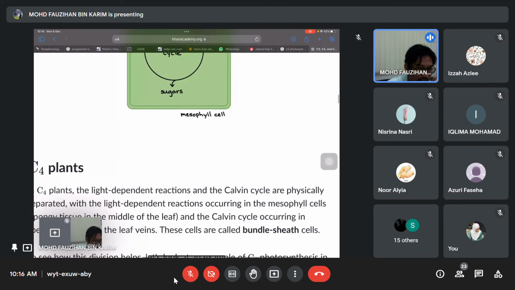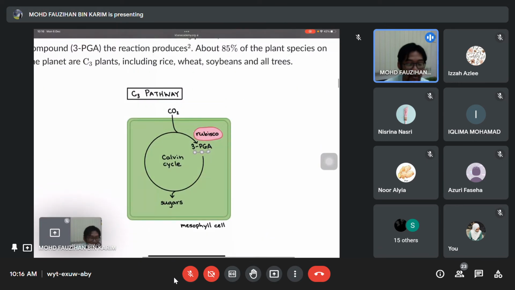For the C3, there is no bundle sheath in the section. All right. So in the C3, in the mesophyll cell, the chloroplast in the mesophyll cells, the oxygen will go in as well, right? The Rubisco, there will be competition between carbon dioxide and oxygen for the active sites in the Rubisco.